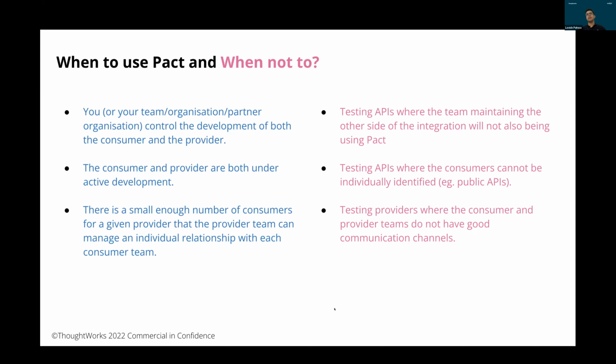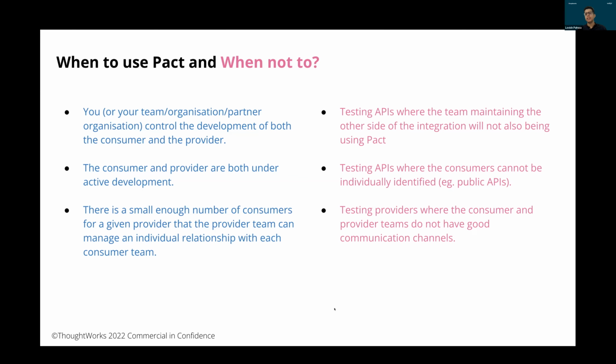If you think about a large enterprise system, Pact would be a very bad tool because it would not be able to handle hundreds of consumers for 10 providers, right? It would be very complex in that scenario. So we need to be conscious about the size of our use case and the size of our infrastructure and services.